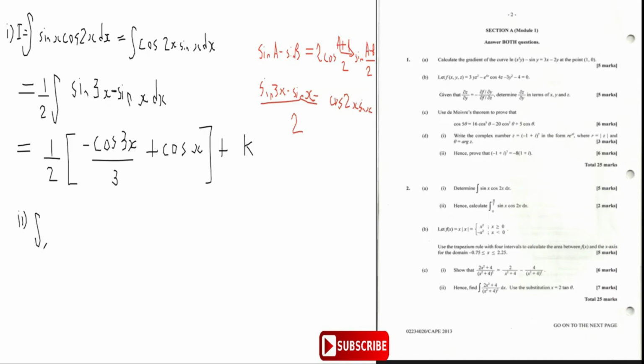So we'll find the definite integral from 0 to pi by 2 of minus cos 3x over... All right, computer, stop freezing. The integral from 0 to pi by 2 of sine x cos 2x.